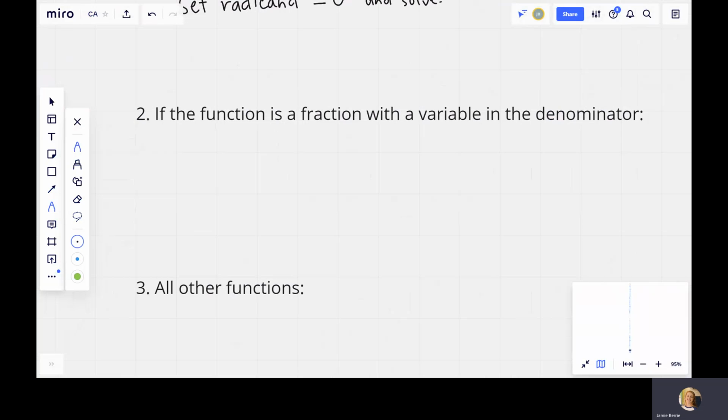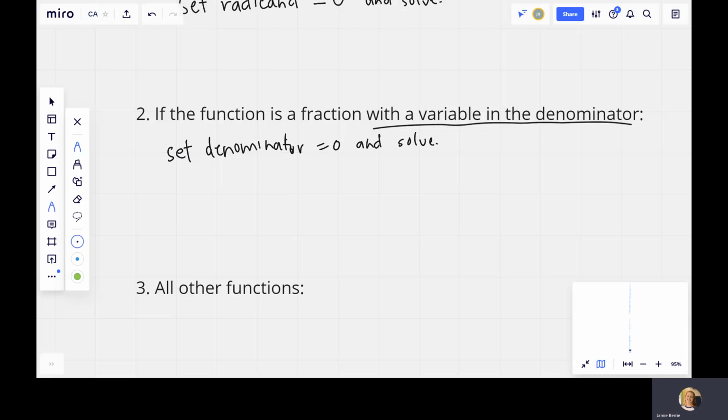Let's look at the second rule. It says if the function is a fraction with a variable in the denominator, very important, this last part, with a variable in the denominator. All right, so if you have a fraction, we call them rational expressions in math. It's just a fancy name for fraction. So if you have a fraction with a variable in the denominator, you're going to take your denominator, set the denominator equal to 0 and solve.